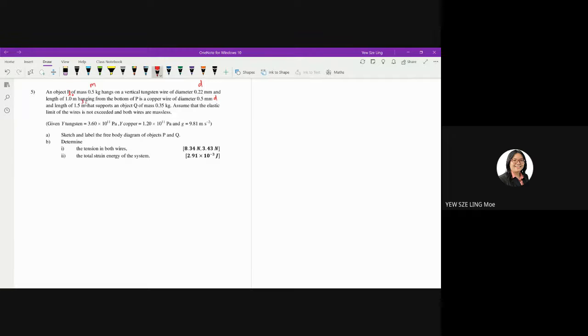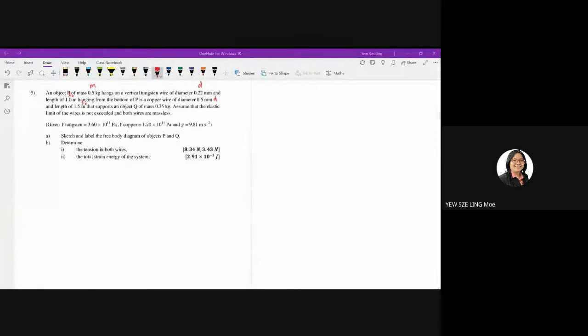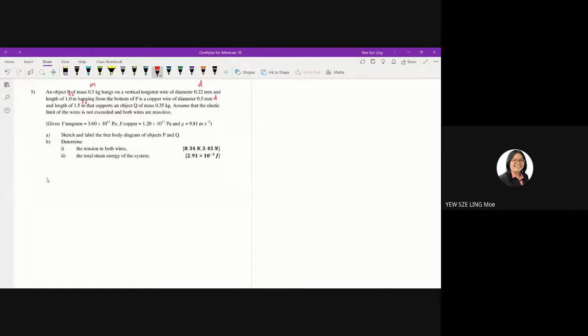Okay, so you have another set of information that supports object Q of mass 0.35 kg. Okay, 0.35 kg. So now you have a case like this. This is a wall.